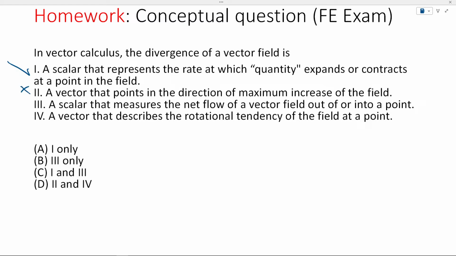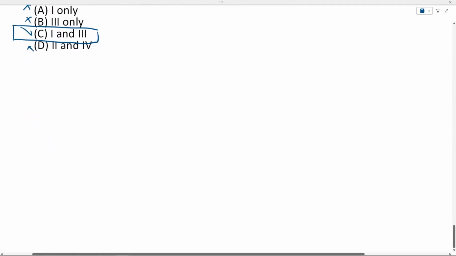A scalar that measures the net flow of a vector field out of or into a point, sources and sinks, yes. A vector that describes the rotational tendency of a field at a point. That's the curl. So basically it is this one. That's the answer to your homework.